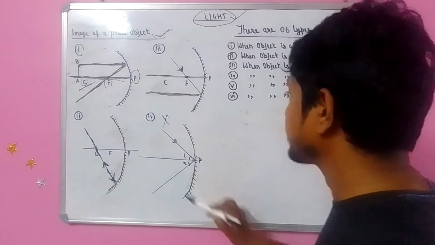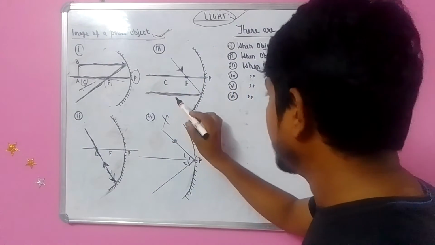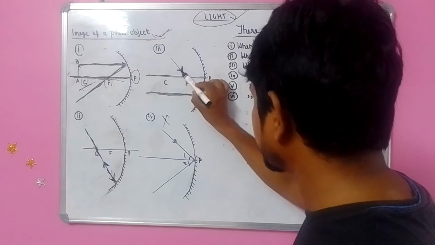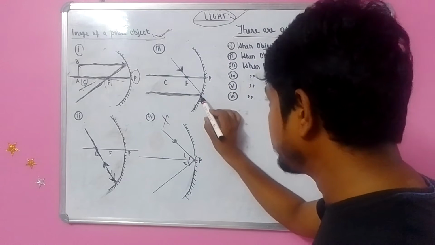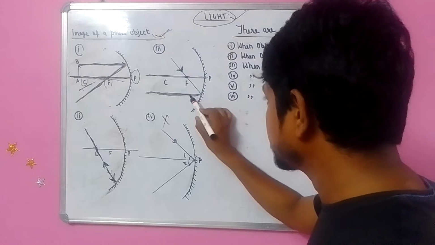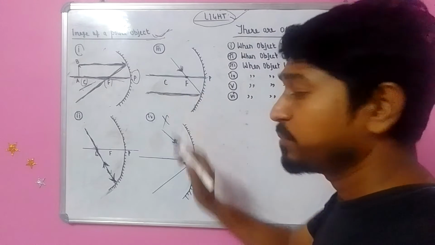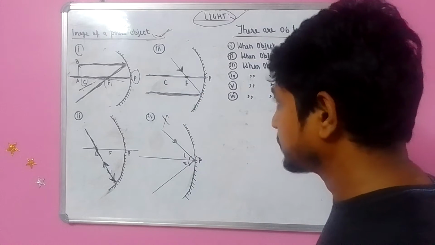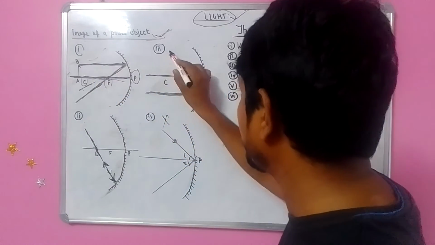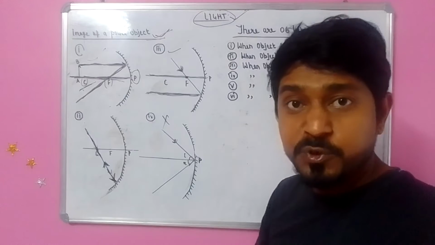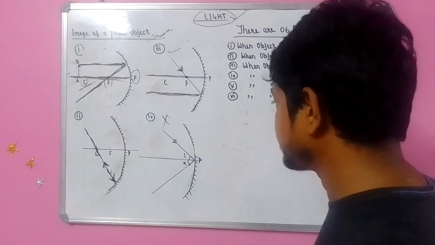In the third rule, when light passes through the focus, then after reflection it goes parallel to the principal axis. So rule 1 and rule 3 are opposite to each other.